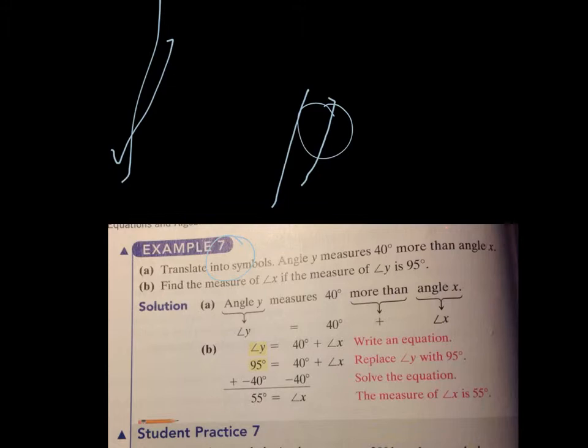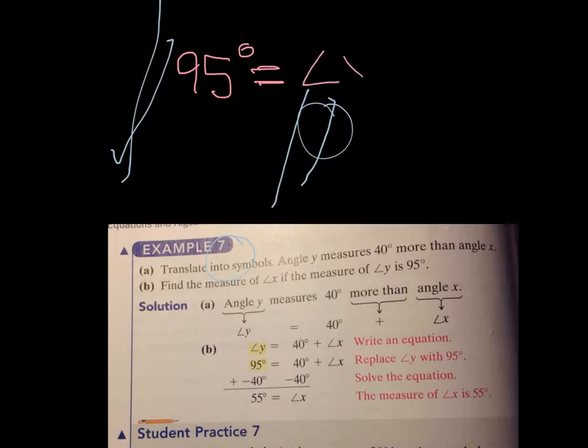So, angle y measures 40 degrees more than angle x, and then it says find the measure of angle x if the measure of angle y is 95 degrees. So, if we know angle y is 95 degrees, this is my angle y, and then we know that angle y measures, and so I'm going to use an equal sign here, 40 degrees more than angle x.